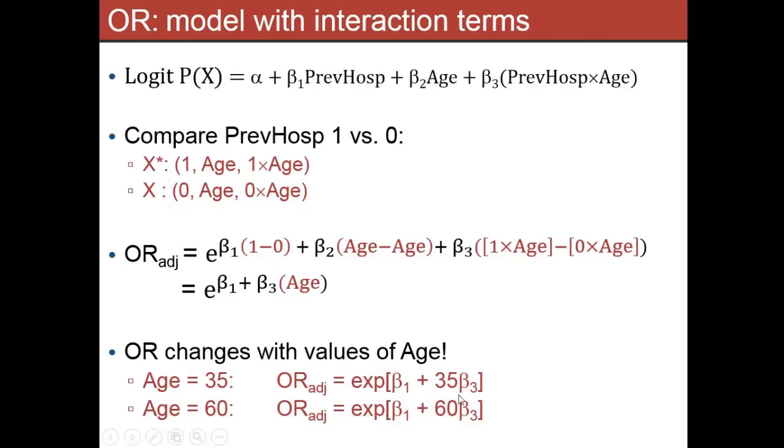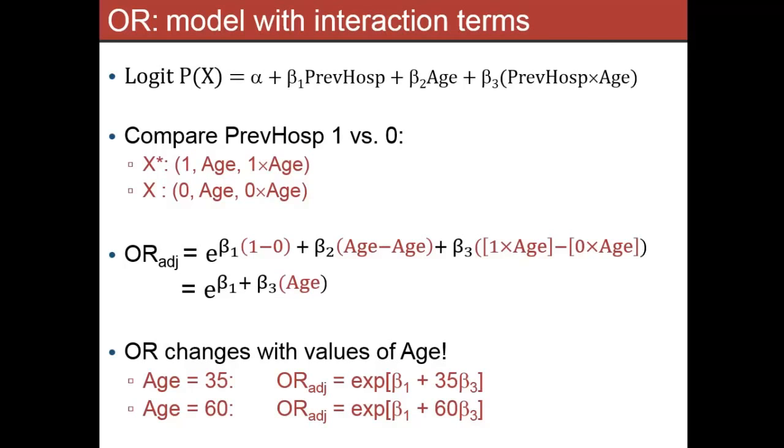So this captures, in a sense, when we thought about effect modification in stratified analysis, remember we were comparing odds ratios in two different tables and saying, are they the same, are they different? And we split things apart and compared different heterogeneous answers.